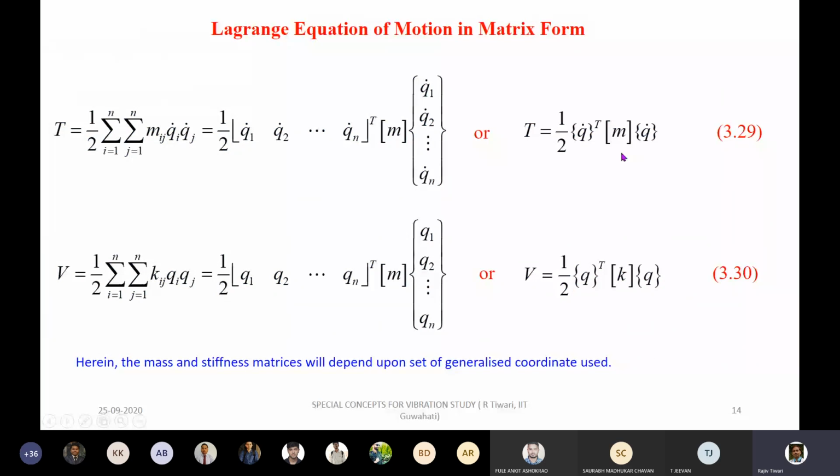If you expand, this is a row vector, this is a column vector, so if you multiply them, you'll get it in the summation form. Similarly, the potential energy is the quadratic form, where K is the stiffness influence coefficient, and if we expand this, we can write it in the summation form like this.